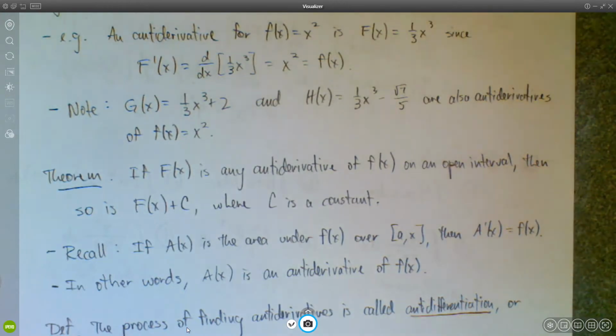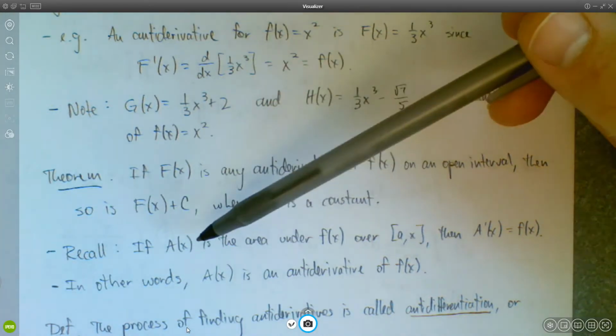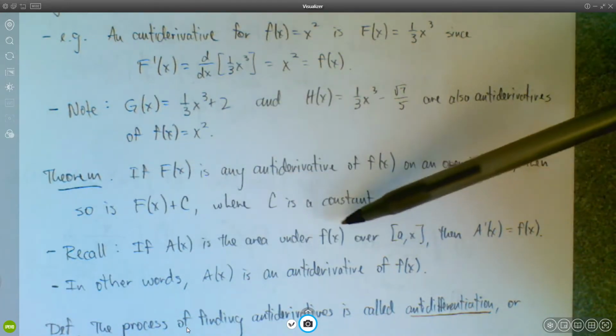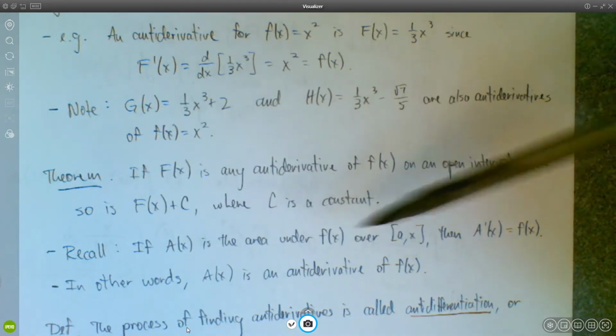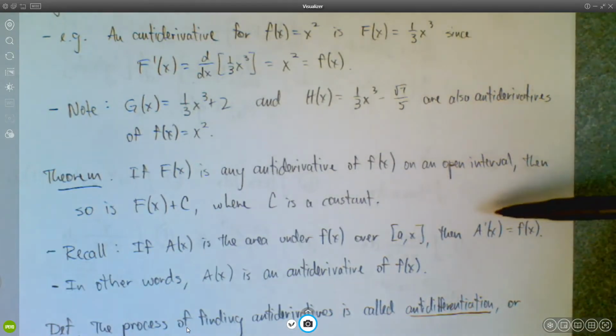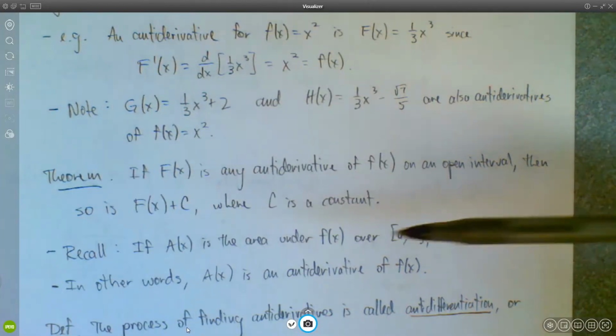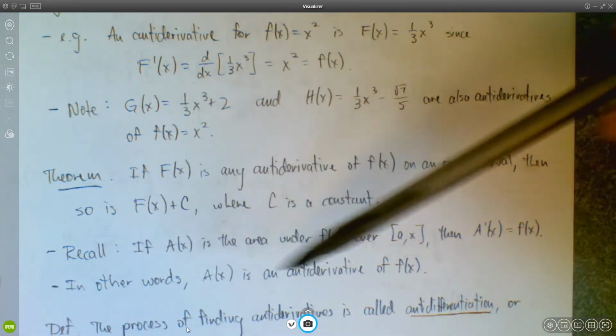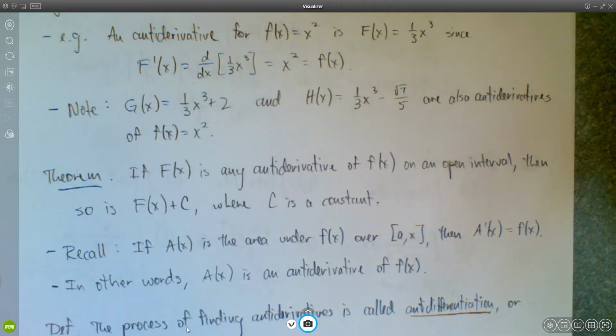Now, why are we interested in antiderivatives? Well, because, as you may recall from the previous section, if A of x is the area under f of x over the interval from a to x, then the derivative of that area function is equal to this original function f. In other words, the area function is an antiderivative of f of x.